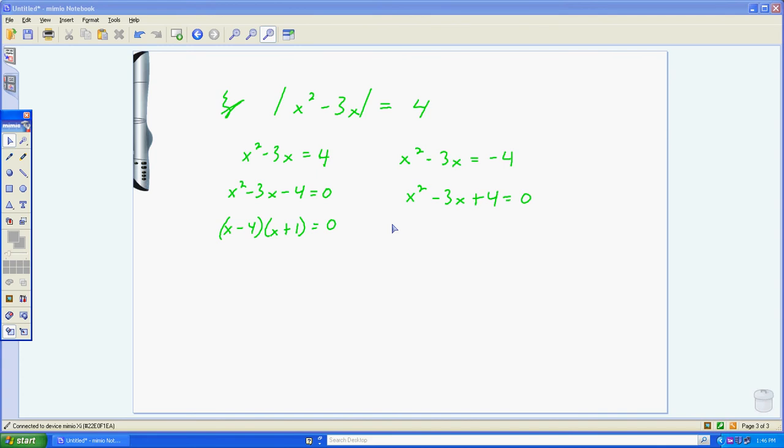The discriminant tells you right away you're not going to have any solutions. 9 minus 16 doesn't work, so no solution on that one. And this one here, we can say x equals 4, x equals negative 1. So there's two solutions.